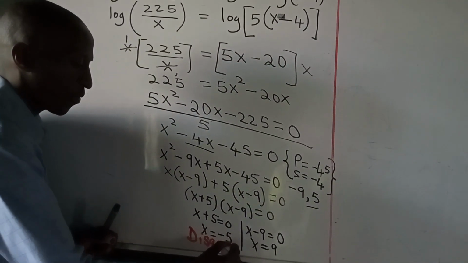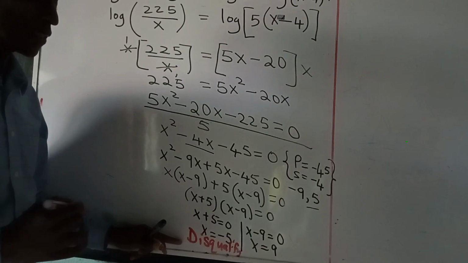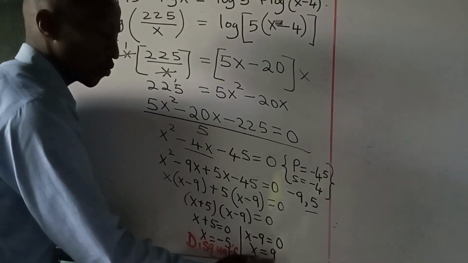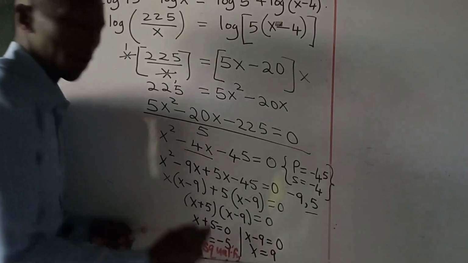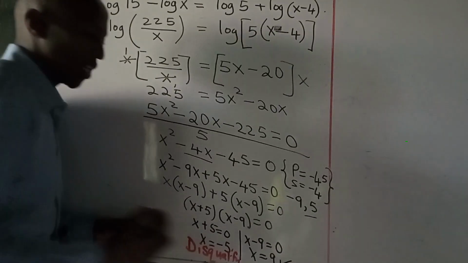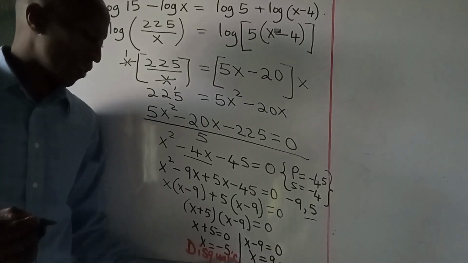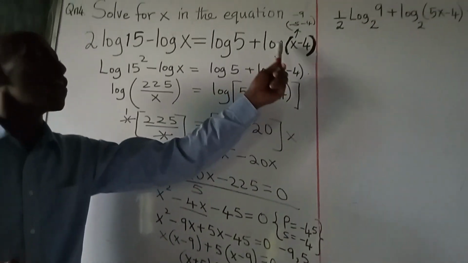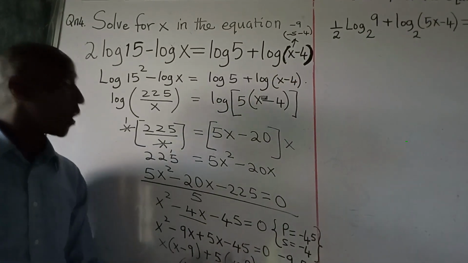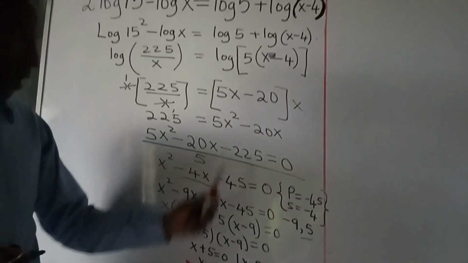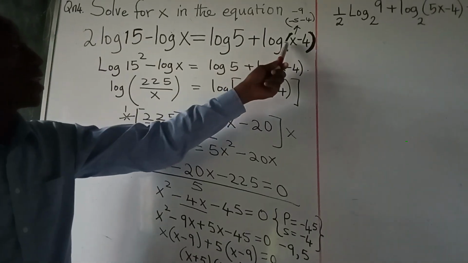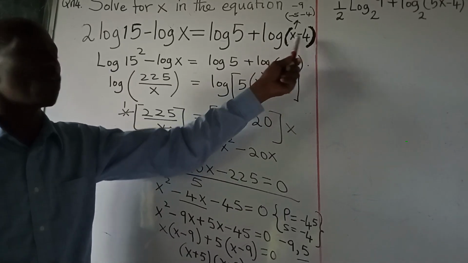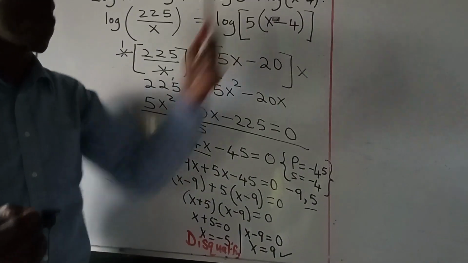We must disqualify this answer so that we are left with x is equal to 9 as the only answer. So we give x is equal to 9 and we disqualify x is equal to negative 5, since we do not have logarithm of a negative number. If we take on 9 here, you'll find 9 minus 4 is a positive 5. So that is workable here.